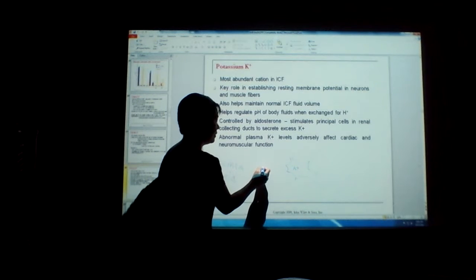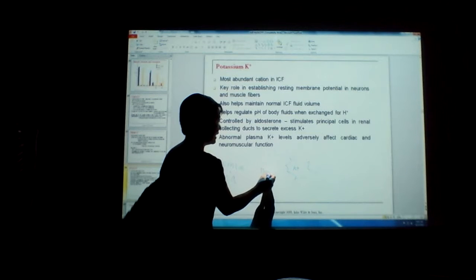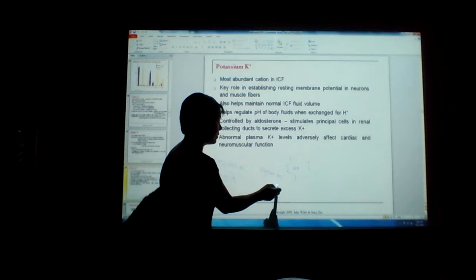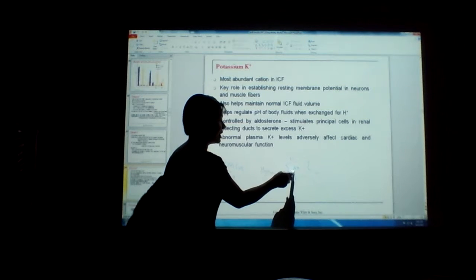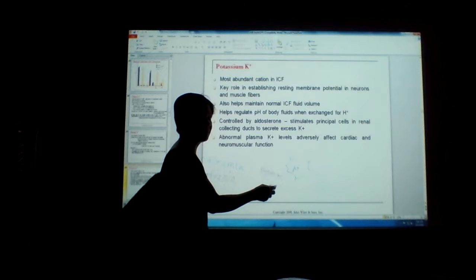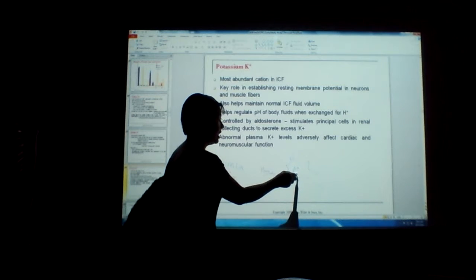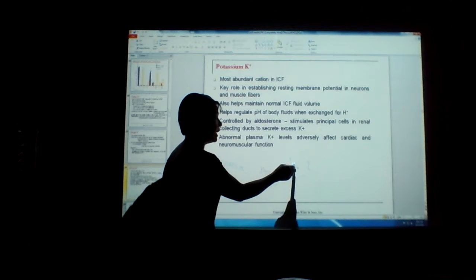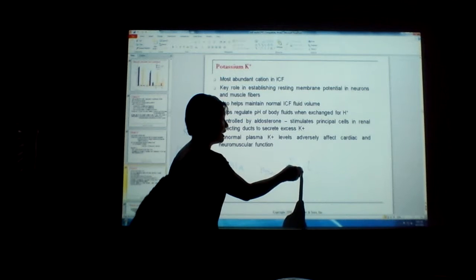So look at this one. If you have hyperkalemia, that means there's too much potassium outside, so it will diffuse inside. Do you follow? It will diffuse inside. So what will that do to the charge of the neuron? Remember, at rest it's -70.